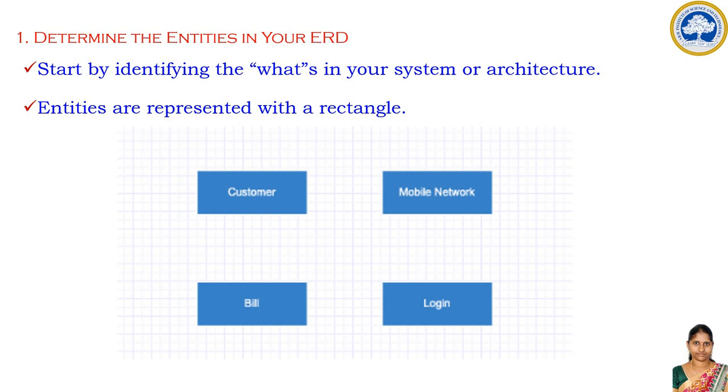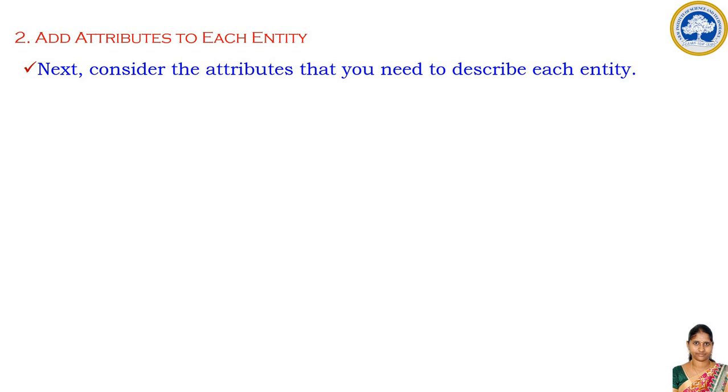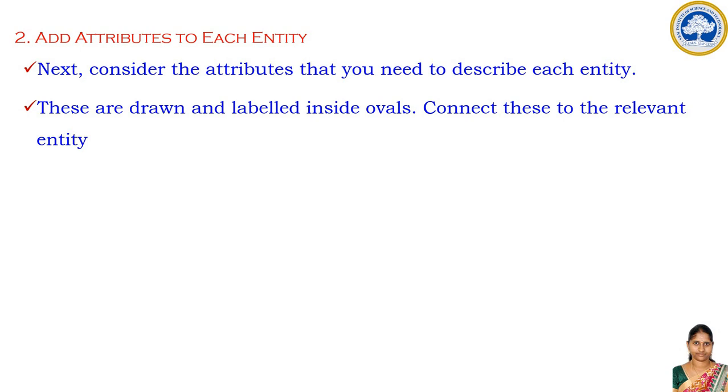The next step, we need to add the attributes for each entity. Attributes need to be described in a round oval shape, labeled, and connected with the relevant entity.